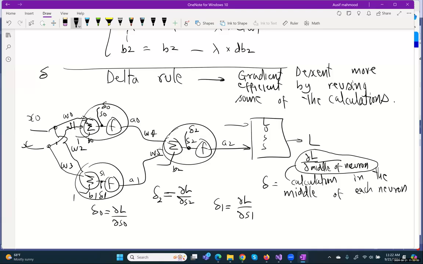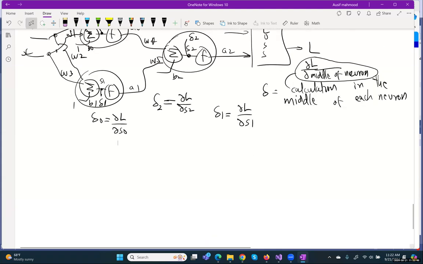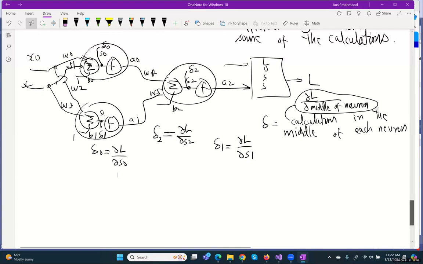So the idea is calculate these delta values first. From these delta values, calculate all those 9 derivatives that we talked about. So we'll change our algorithm slightly.